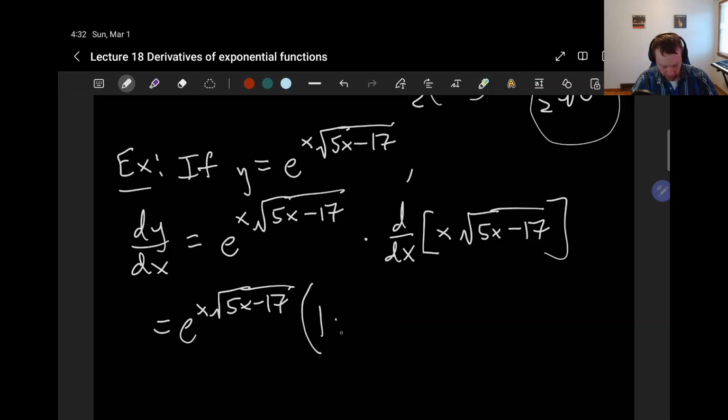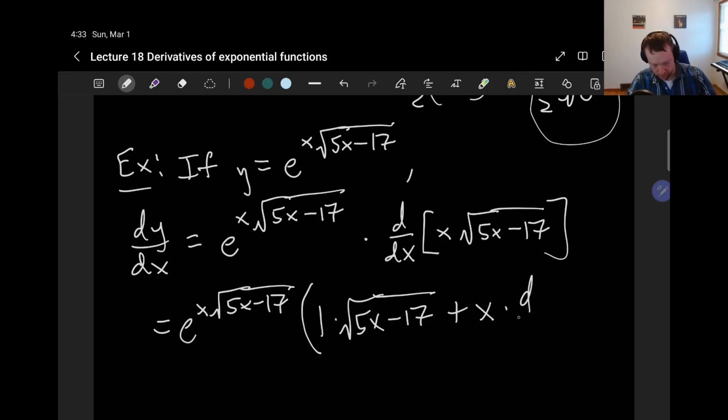Well, I take the derivative of the first piece, derivative of x is 1. Times the second piece, then plus x left alone, times the derivative of this square root portion.